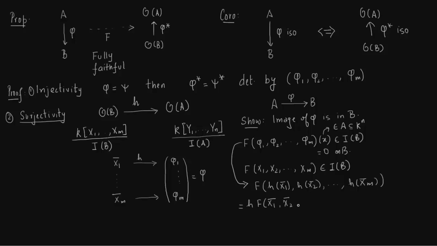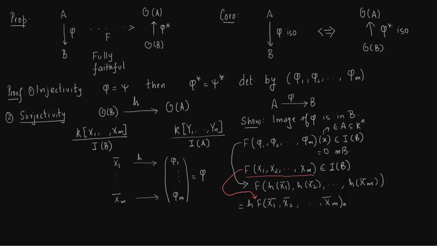Now notice that x1 bar is the image of x1, x2 bar is the image of x2 modulo I of p, xm bar is xm modulo I of p. But the polynomial originally f(x1, x2, xm) lies in the ideal of p. So what we have now here is the image modulo the ideal of p, so it has to be 0.